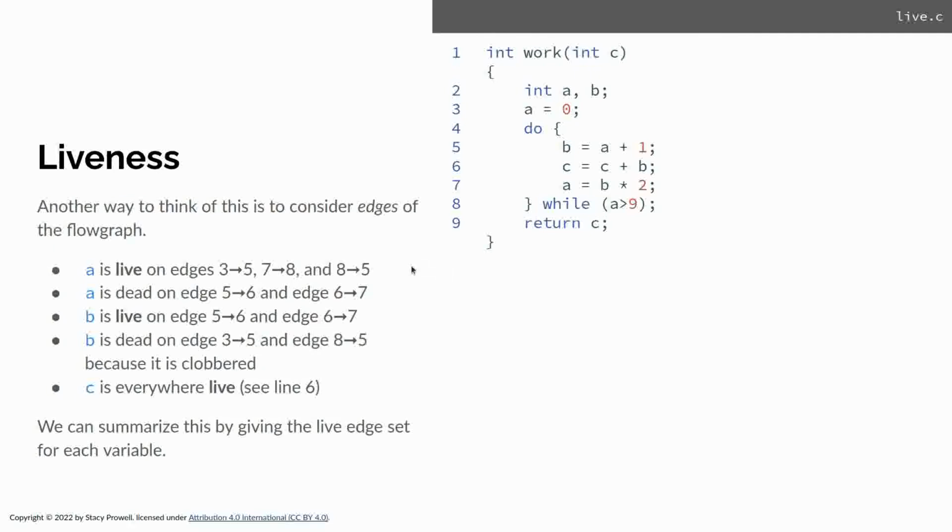We can also think of this as what is live or dead on an edge in the flow. So if I built a flow graph, let's say, out of basic blocks connected, I could define what's live on the edges between nodes of my graph, and that could be really useful, right?